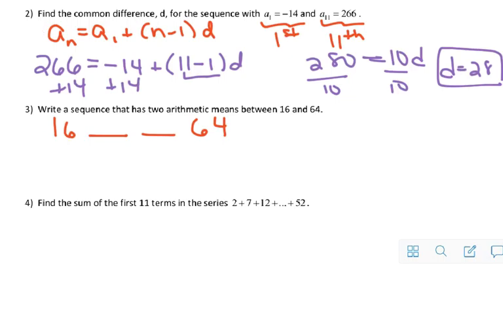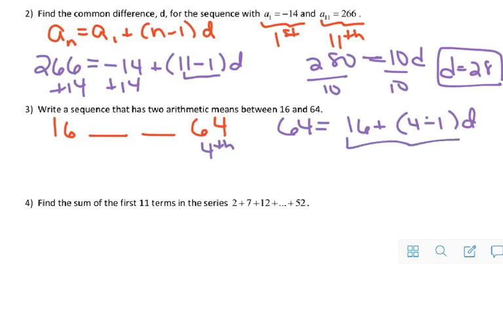So a sub n is going to be the last term, which happens to be the 4th term because I know how many terms are in this sequence. The first term is 16. n is 4 because there are 4 terms. And I don't know d. So I'm going to do this similar to the way I did the previous problem. You cannot combine those.